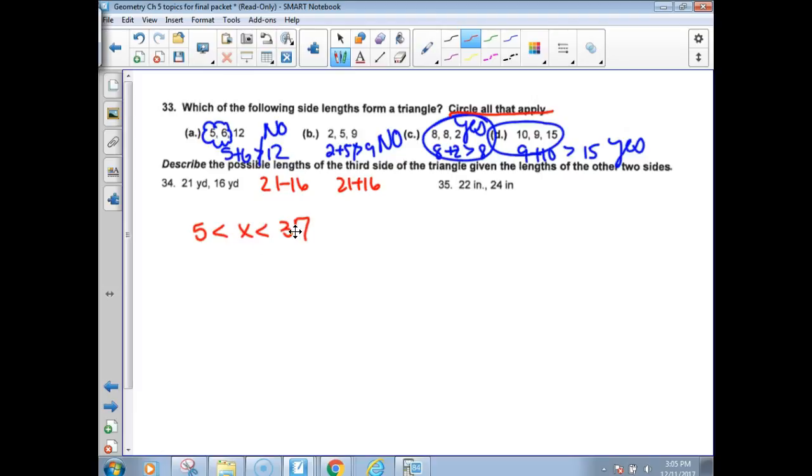X is between 5 and 37 is what that says. Or if I didn't have that as the option, you might say between 5 and 37. So this is going to be between 2 and 46. Everybody get what I did? 24 minus 22 and 24 plus 22.